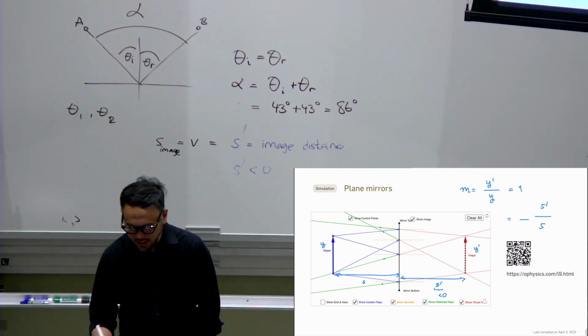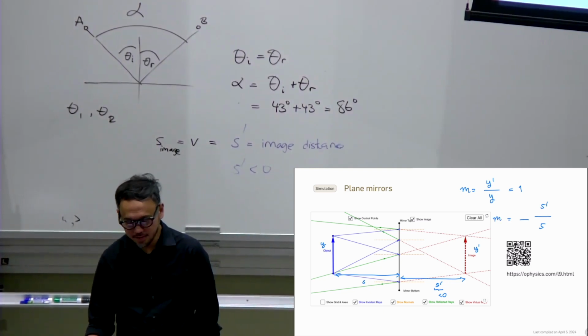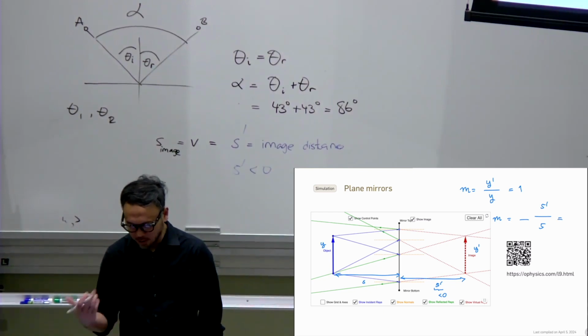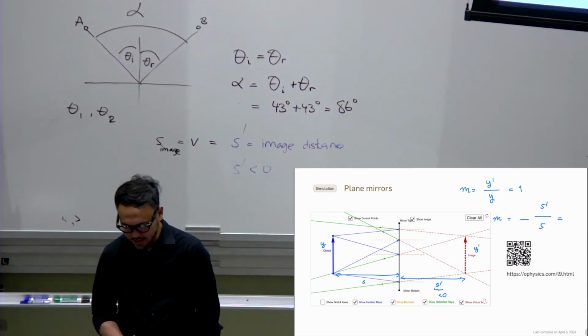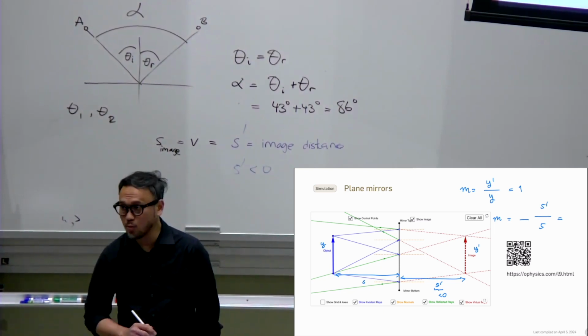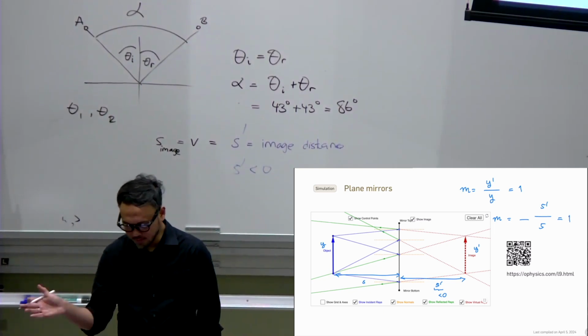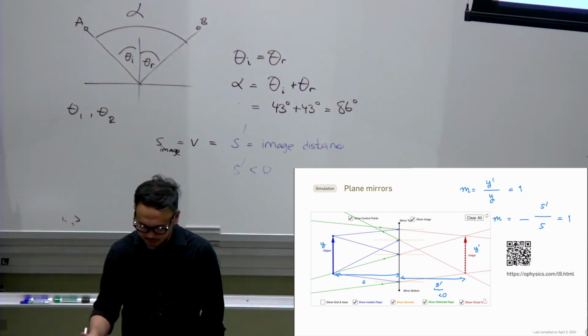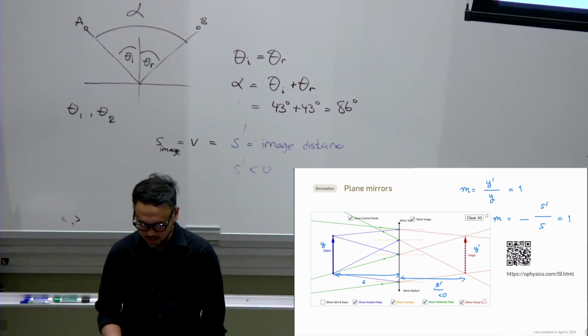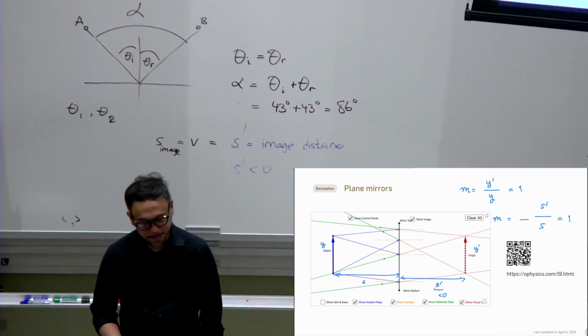What is the magnification of a plane mirror? The absolute value of S prime is equal to S, the object distance. Then this one is also equal to 1. So like anything else in math and physics, you can use 3 different ways to arrive at the same answer, which is very satisfying.